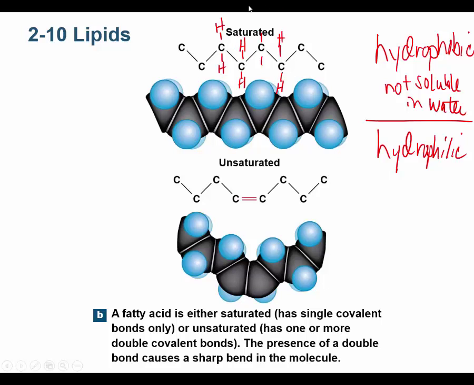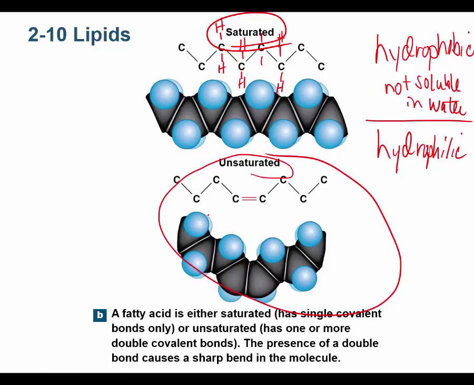A saturated fatty acid, this word saturated right here, means that the carbons all have a full complement of hydrogens. But you could have an unsaturated fatty acid, and because there's a carbon-to-carbon double covalent bond, this carbon only has 1 hydrogen instead of 2, and this carbon only has 1 hydrogen instead of 2. See, this carbon right here has 2 hydrogens, and this carbon right here has 2 hydrogens.